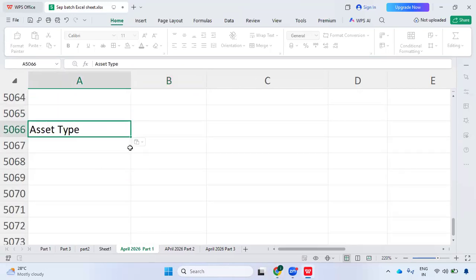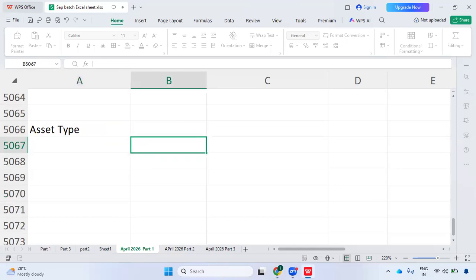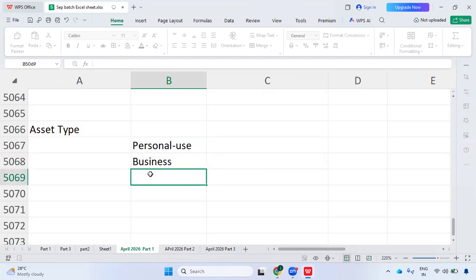Asset type. What are the types of asset we have seen, guys? Anyone remember? Real and personal. Yes. And based on usage: personal use, business use, and investment use, because the treatment will differ in all these cases.